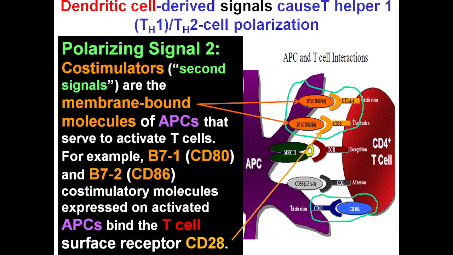Now, after that, parallelizing signal number 2 happens. This is a signal of interaction of co-receptors. For example, the B7 receptor of the antigen-presenting cell reacts to the CD28 receptor of the T cell. This is after presentation of antigen to the T cell receptor, of course. And the CD4 receptor of the T cell interacts with the CD40 ligand of the T helper cell. What do you see?